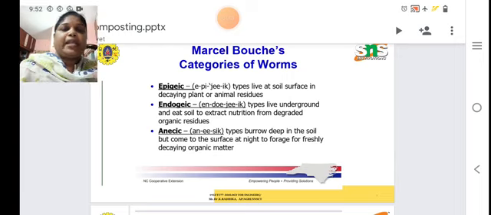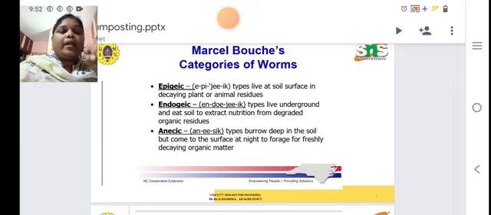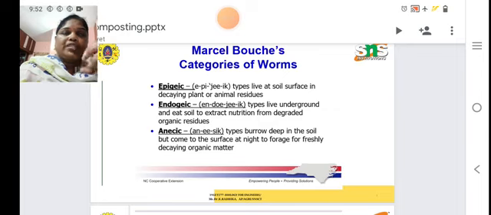They eat some soil to extract nutrition from degraded organic waste under the ground. Anecic means they burrow deeply into the soil and come to the surface at night for freshly decaying organic matter.